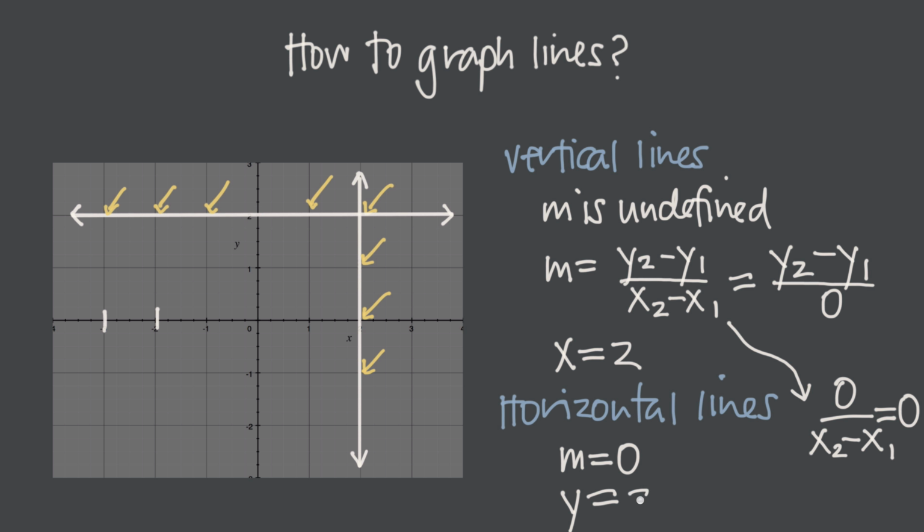So the equation of this line is y equals 2, which makes sense because no matter where I go along the line, y is always equal to 2. So vertical lines are going to have the equation x equals some constant, and horizontal lines are going to have the equation y equals some constant.